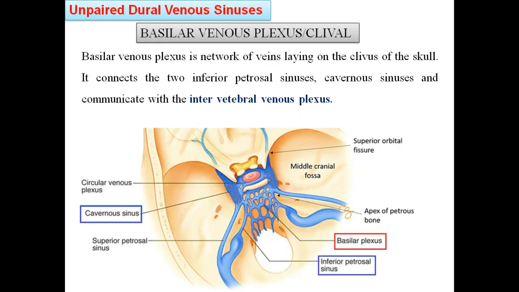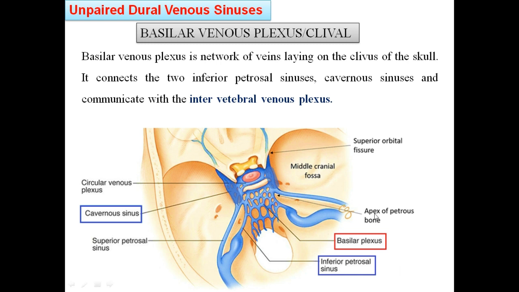The basilar venous plexus: this small plexus forms a network of veins lying on the clivus of the skull. It connects the two inferior petrosal sinuses.